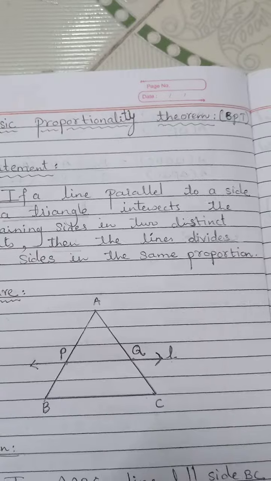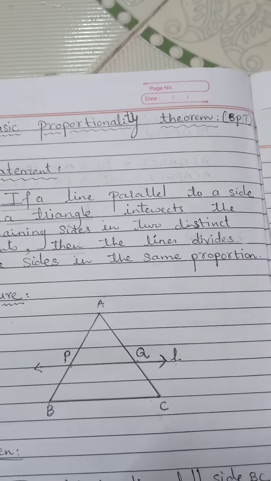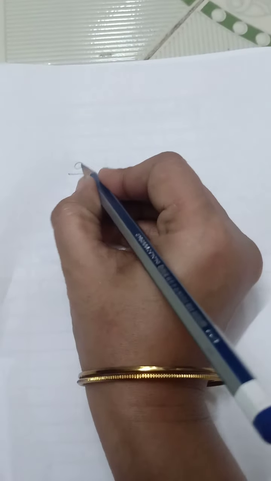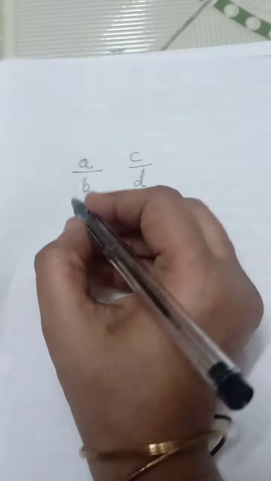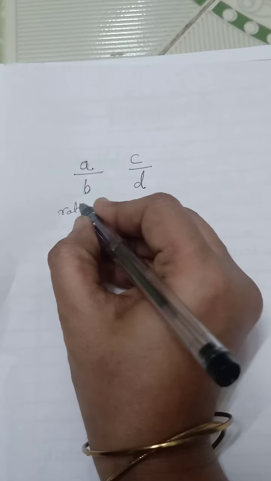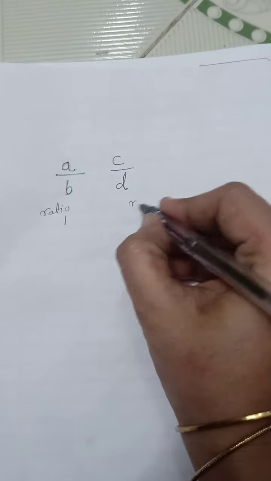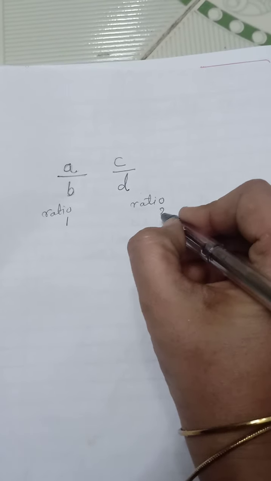First of all, we're going to see the meaning of proportion. Proportion means that if we have one ratio, for example A upon B, and we have another ratio, for example C upon D, so here two ratios are there. This is the first ratio, ratio 1, and this is the second ratio, ratio 2.